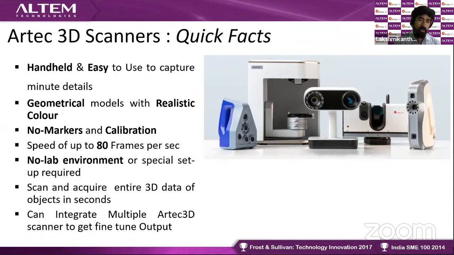One more advantage is that no markers and calibration are required. As I explained on the first day, there are different products. When moving from one location to another, generally you need to do a calibration, that is, checking whether the machine is working in its optimal range.